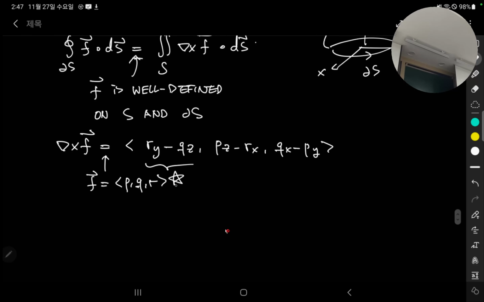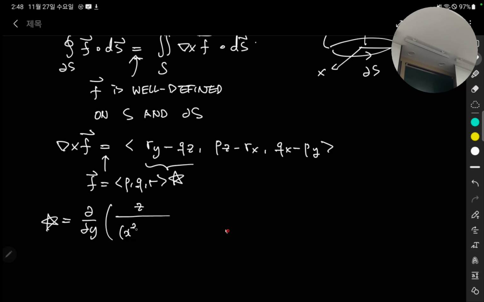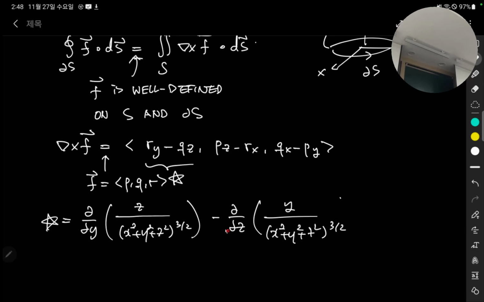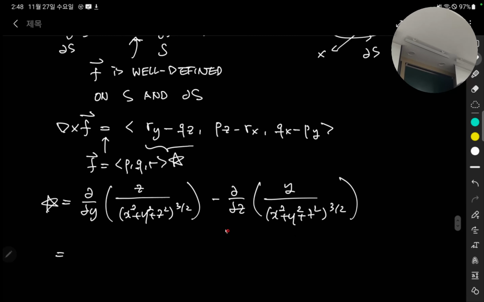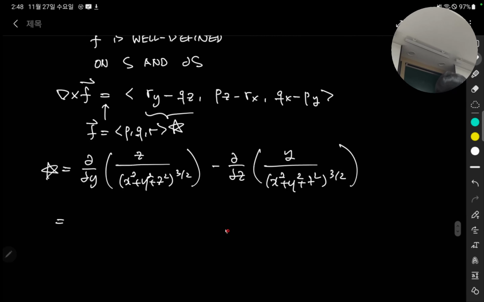I'm going to take the partial derivative of R, which is z over (x squared plus y squared plus z squared) to the 3 over 2, with respect to y, and subtract the partial derivative of Q, which is y over (x squared plus y squared plus z squared) to the 3 over 2, with respect to z. Z is constant when you take the partial derivative with respect to y.